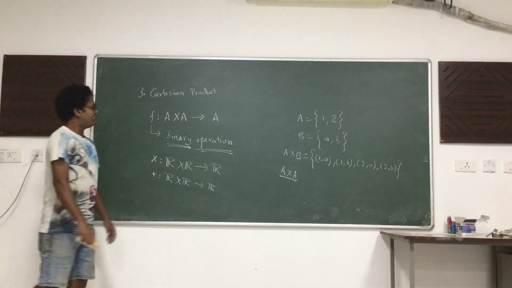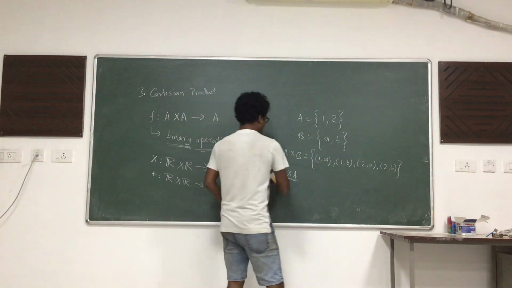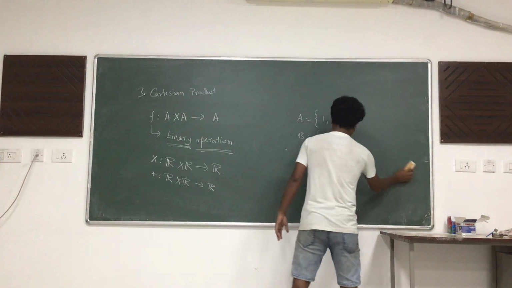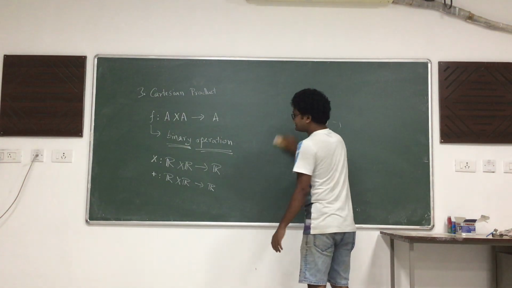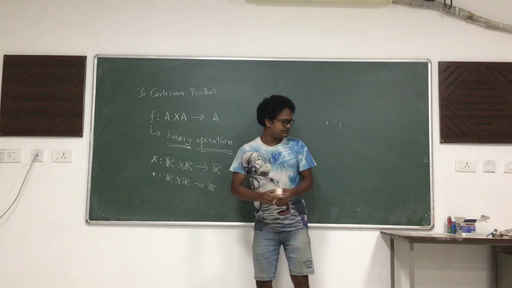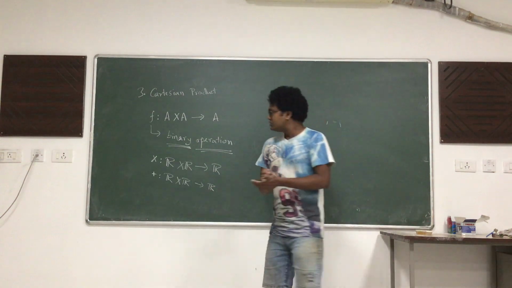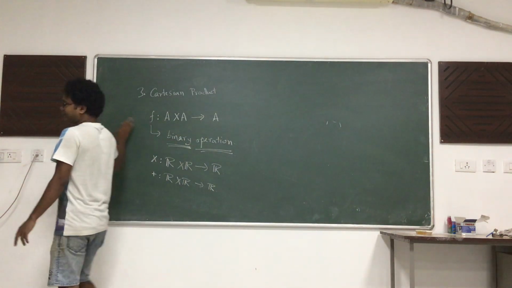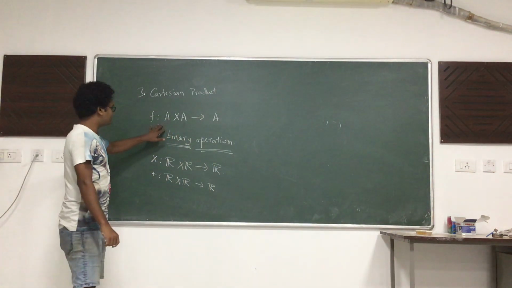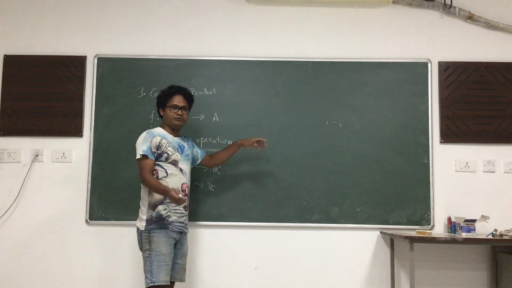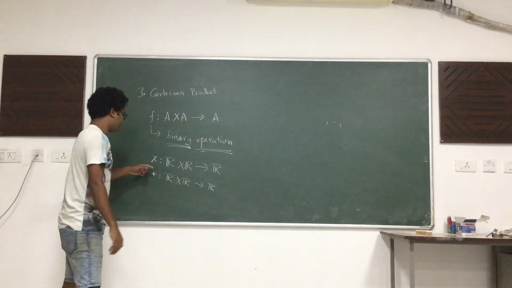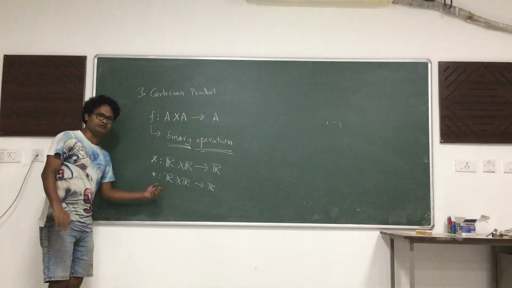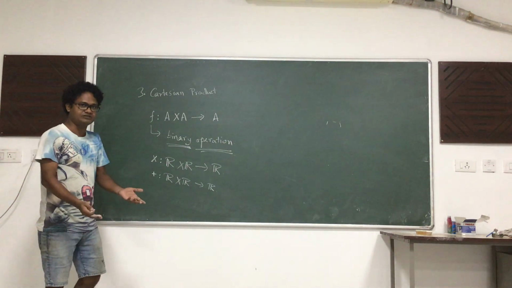Okay. Now let us come to the definition of group by this structure. Once you have one type of binary operation, you don't need to give the same binary operation; you can have different types of binary operation. You can define your own binary operations in the set.